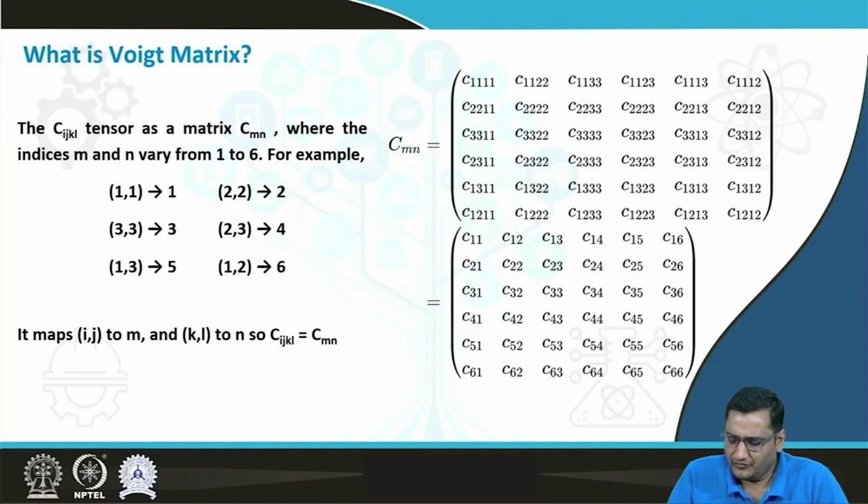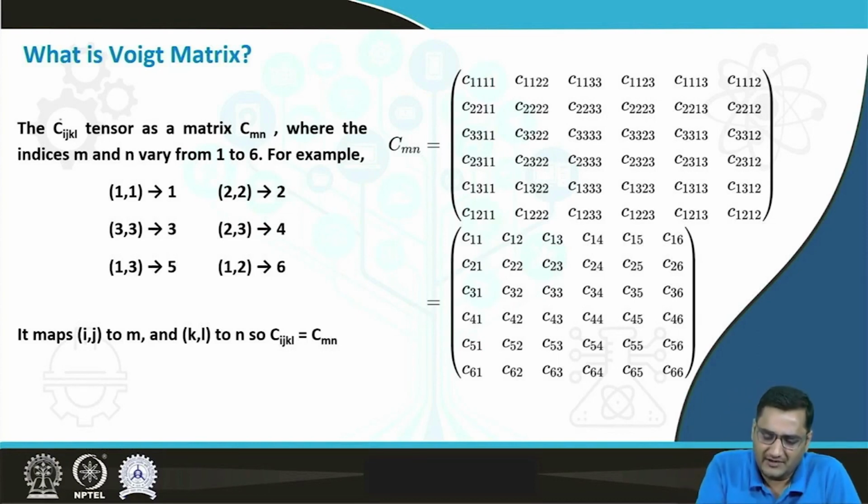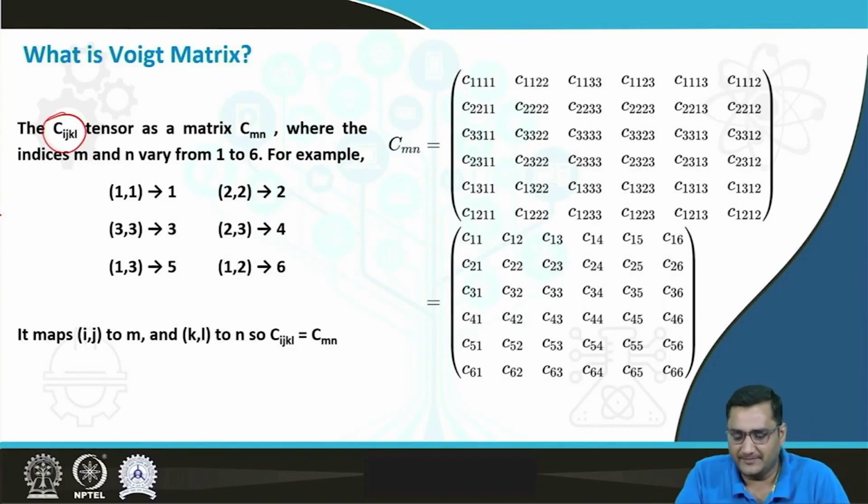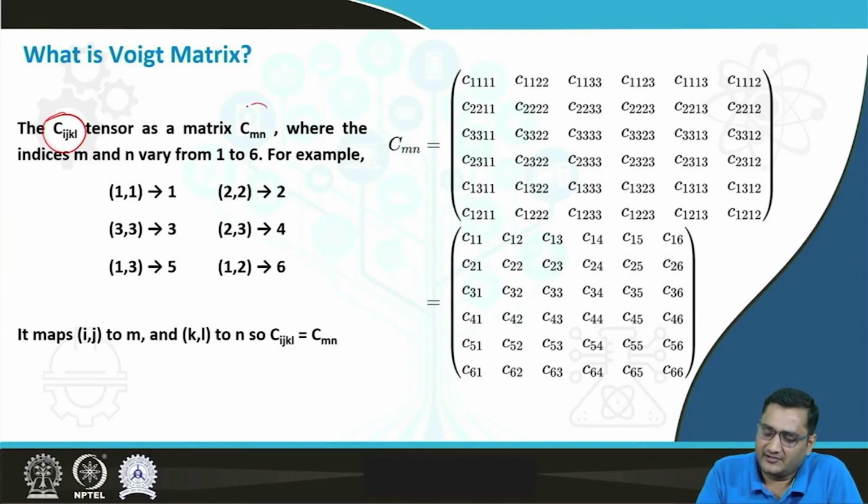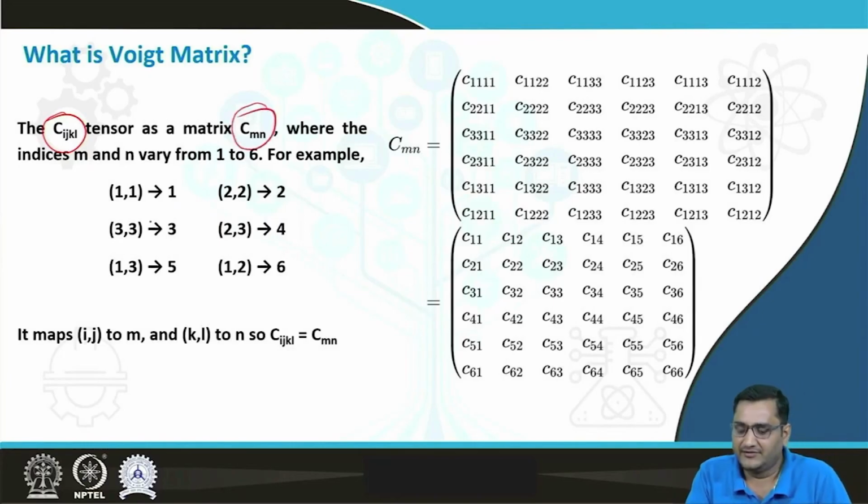Now before we move on further, let's understand what the Voigt matrix is. In the Voigt matrix we can have the stiffness tensor that is represented by C subscript ijkl, which is a tensor quantity, and we are going to represent this C_ijkl as C_mn, where the indices m and n will vary from 1 to 6.